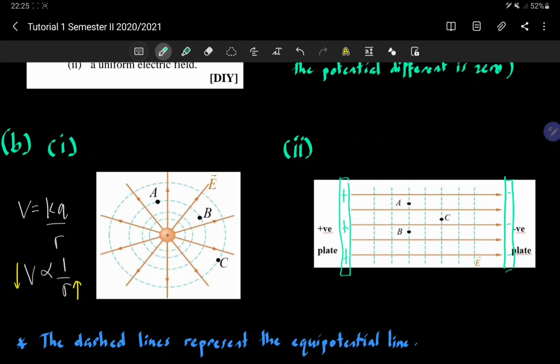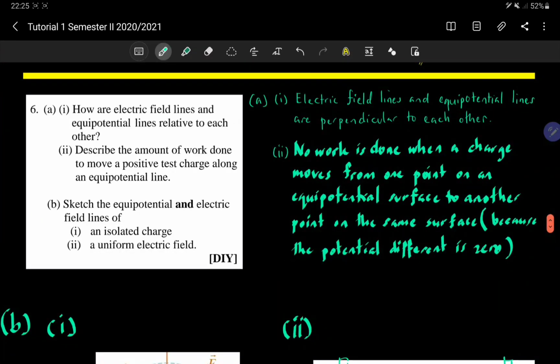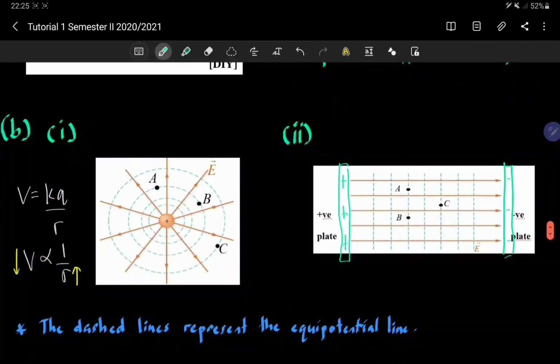Alright, so for the first question before, which is number 6A1, they ask how electric field lines and equipotential lines are relative to each other. Please refer to the orange line and the dotted line here. At any position, they are perpendicular to each other. At any position, they are perpendicular to each other.